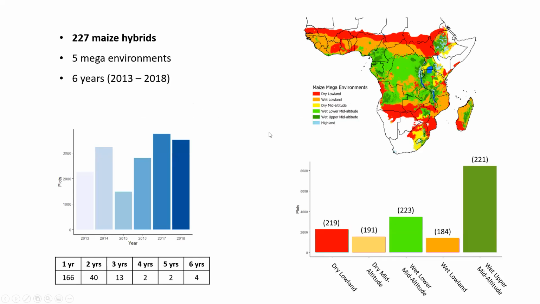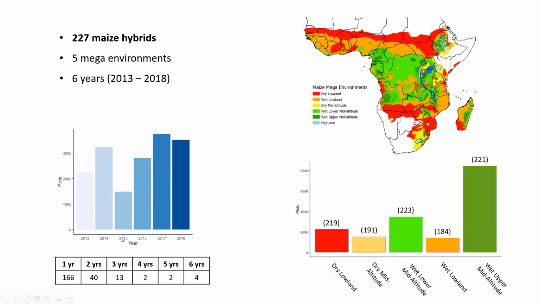So the data set roughly looks like that. 227 maize hybrids were measured across 5 defined mega environments and across 6 years from 2013 to 2018. We had these numbers of plots across the 6 years in total. So with regard to the number of plots, it's almost balanced.